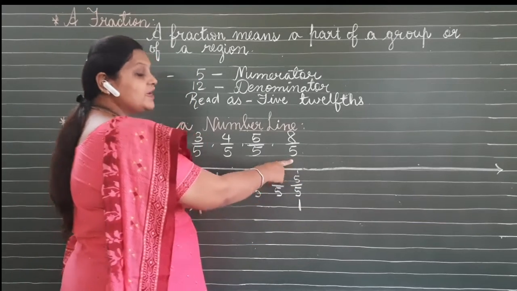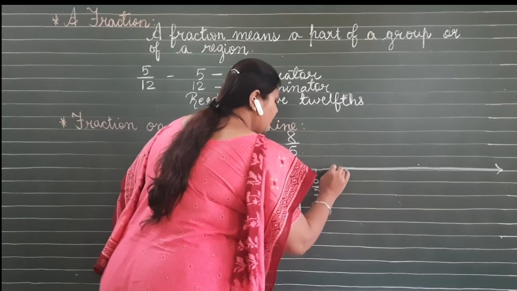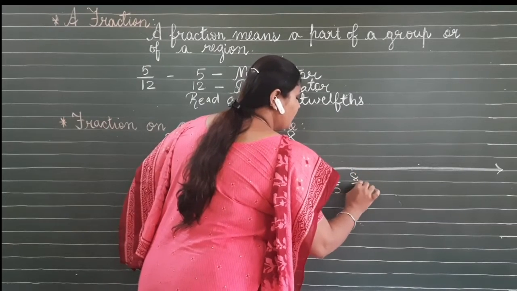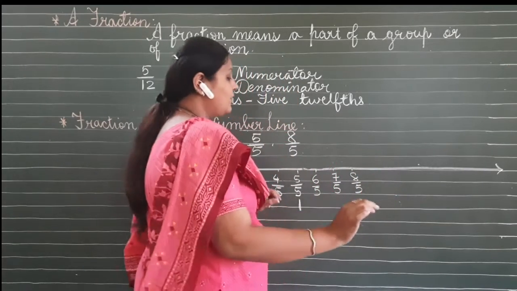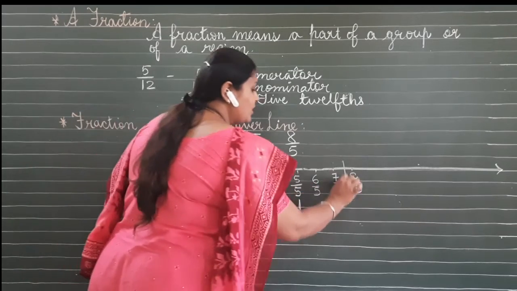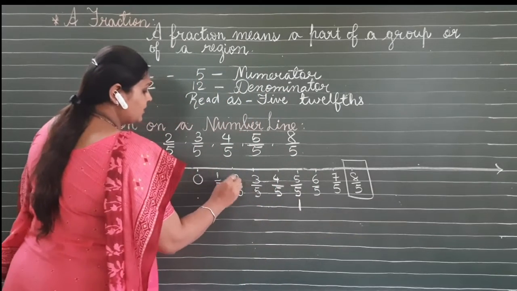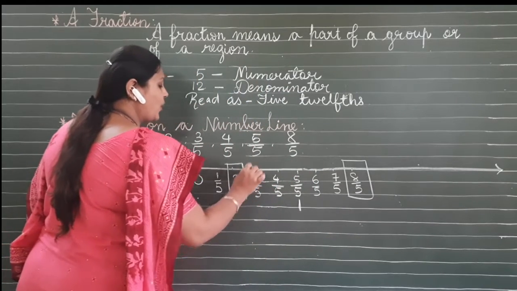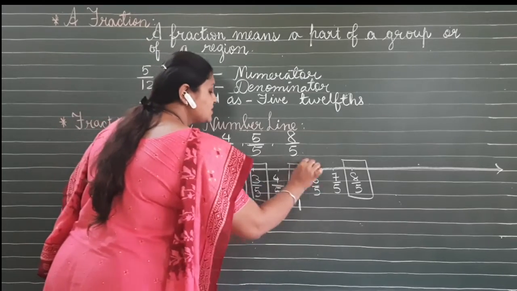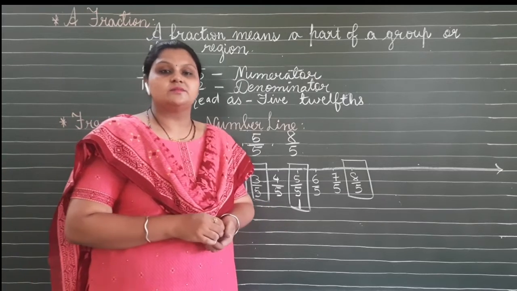Now we have to represent 8 upon 5. So again 6 upon 5, 7 upon 5, 8 upon 5 and so on. Now our requirement is still 8 upon 5. So whatever the number we have to draw on number line, we will make it square to represent given numbers. So this is how we have to represent fraction on a number line.